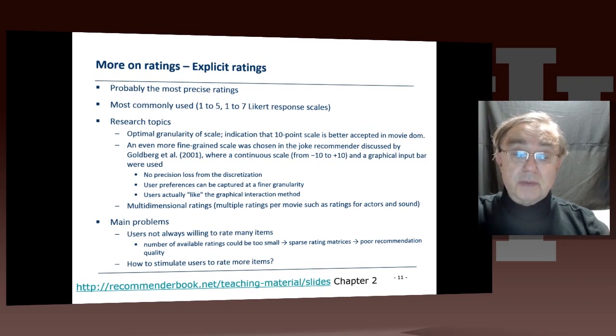Of course, users are not willing to rate many items. I'm afraid I never rate things on Amazon. Essentially, I let other people do the ratings. I just do the browsing, so you need to have better citizens than me who actually do ratings, and you need to persuade them.